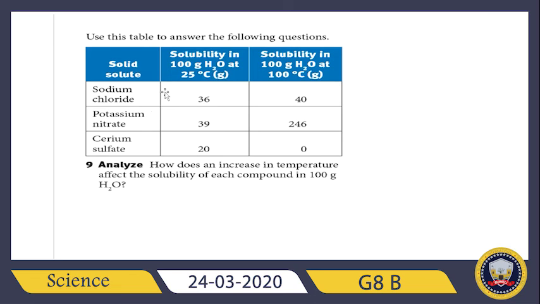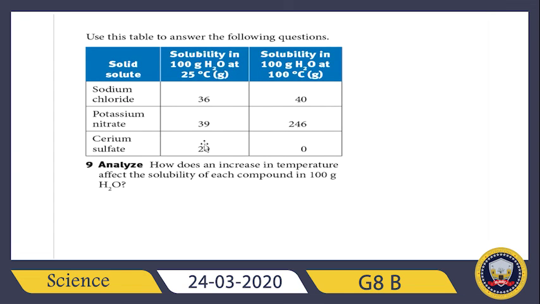You can see that at 25 Celsius its solubility was 39, and at 100 it increased to 246. So we have a significant increase in the solubility for potassium nitrate. What about the third solid, sodium sulfate? For sodium sulfate, the solubility was 20, then, as we can see here, it decreased to 0.